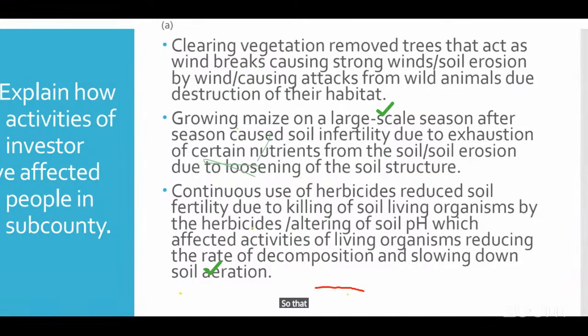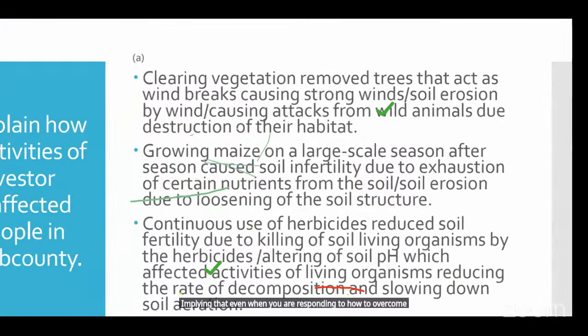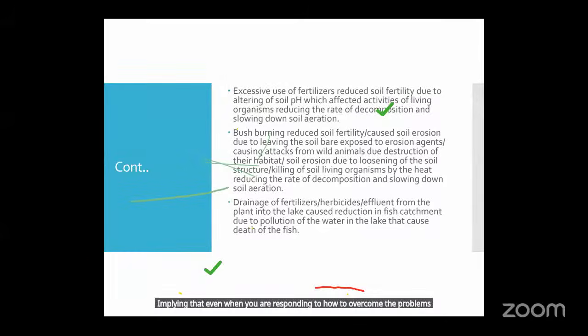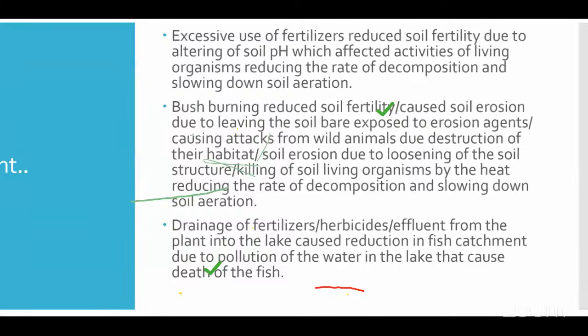So that's another way you could explain how it brought about reduction in soil fertility. So you choose the kind of problem that you're going to come up with. Even when you are responding to how to overcome the problems, bypass these ones here.